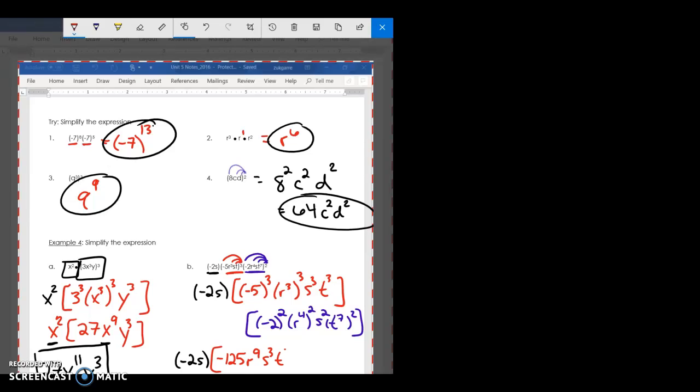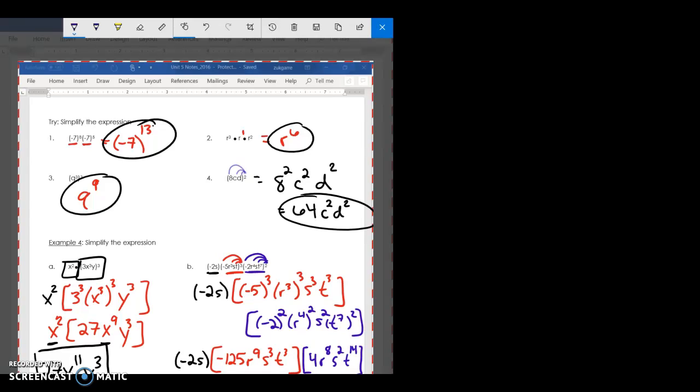S cubed, t cubed are good. Then we'll go back to our blue section. Negative 2 squared, negative 2 times negative 2 is positive 4. Again, an exponent raised to an exponent means I multiply. So r to the 4th squared, 2 times 4 is 8. S squared is fine. T to the 7th squared is t to the 14th.